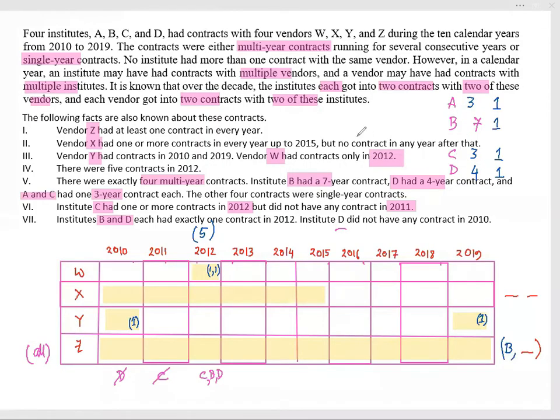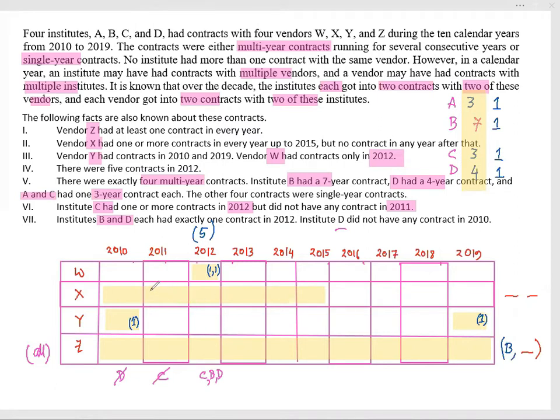Our major requirement, actually, we want to have a discussion on the segment of multi-year contracts. These are the 4 multi-year contracts, A, B, C, D. And out of those, this C cannot be with these, as it has been mentioned that C needs to be in 2012.